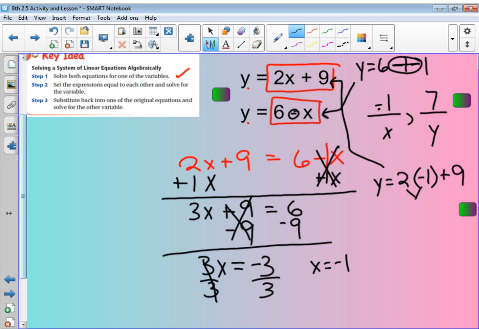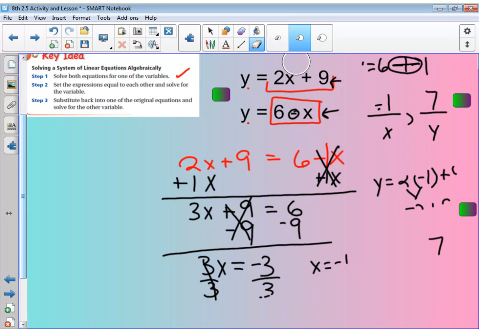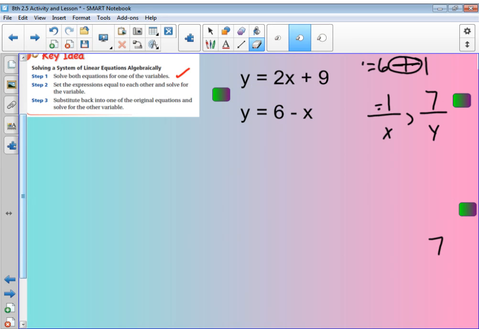So I would get negative 2 plus 9, which is still going to give me positive 7. So it doesn't matter which equation you choose, you should still get the same solution to either of them. So our end answer on this would be negative 1 comma 7 as the solution to our system of equations.